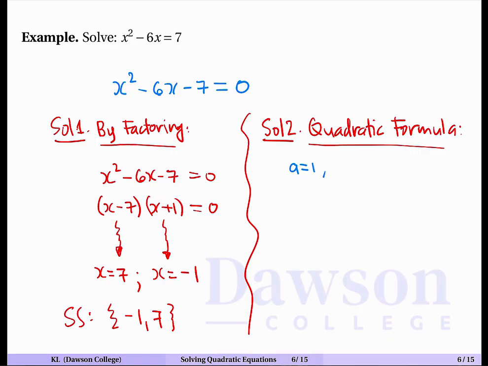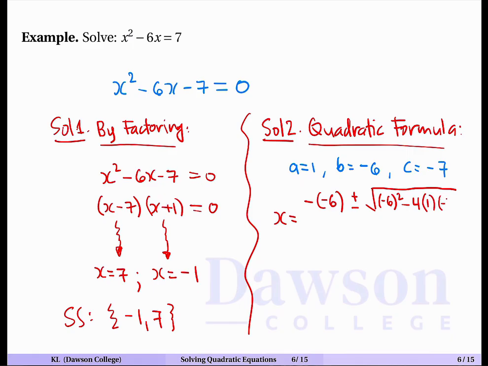Your A equals 1, B equals negative 6, C equals negative 7, which means x equals negative B, so that's negative of negative 6, plus or minus square root of B squared, negative 6 squared, minus 4 times 1 times negative 7, all over 2 times 1.